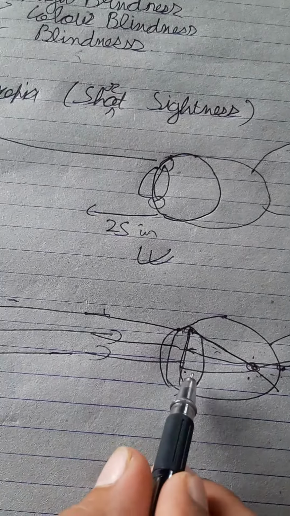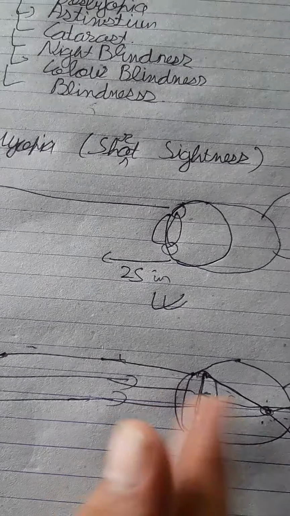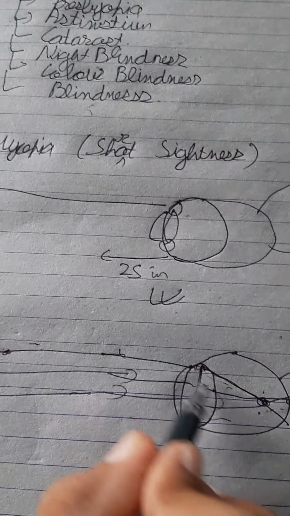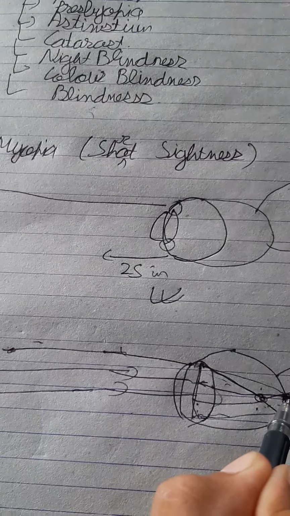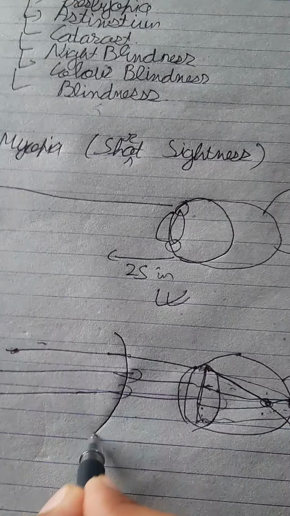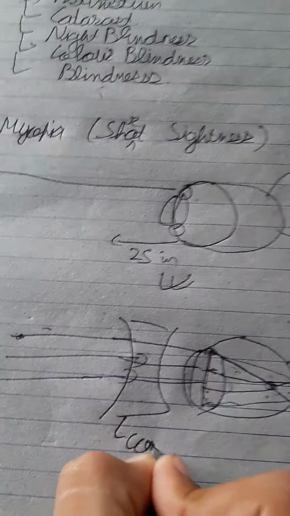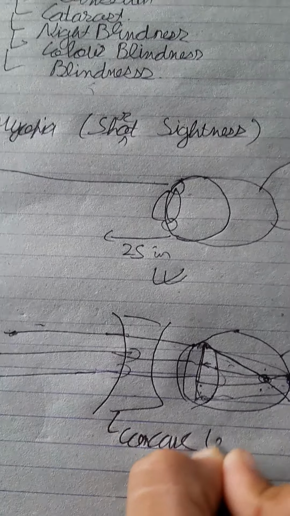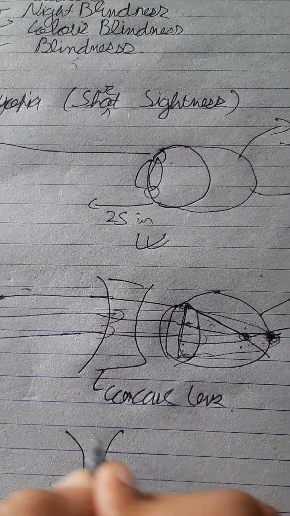We know that this defect can be cleared if we have a divergent ray and we converge it, then we would easily get the image on the retina. So in this scenario, a concave lens is introduced. What does a concave lens do?